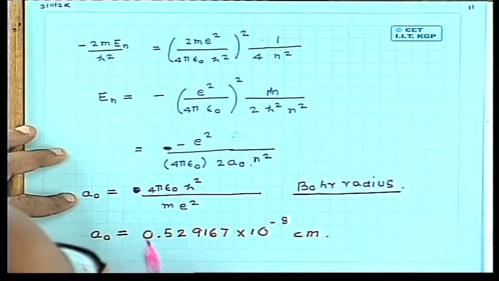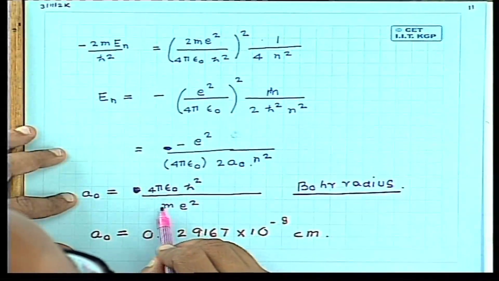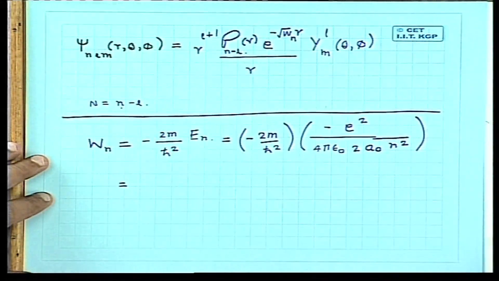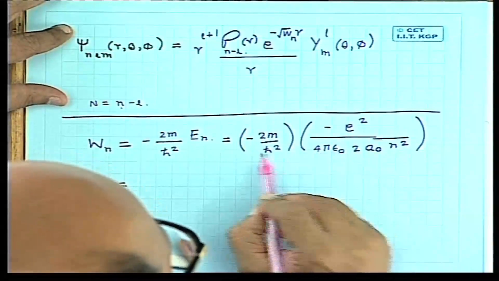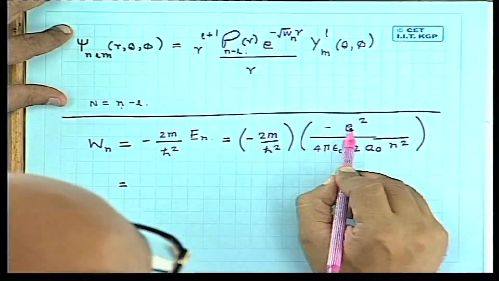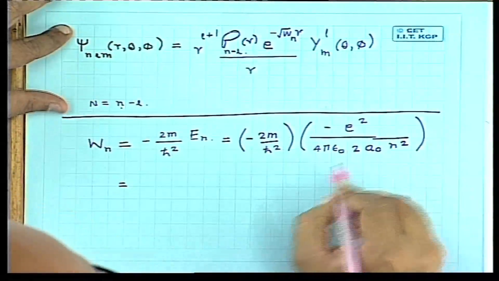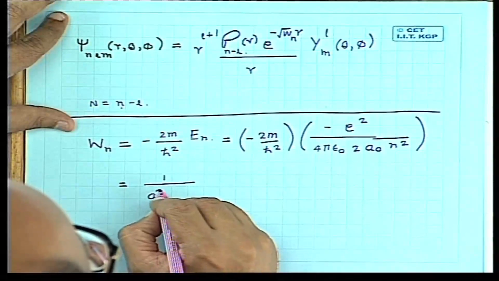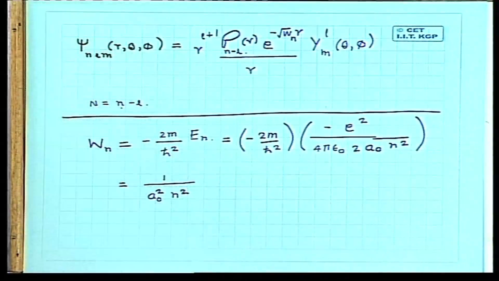So the Bohr radius is 4 pi epsilon naught h cross squared by m e squared. Yeah, so we can see here, 4 pi epsilon naught h cross squared, m e squared. The 2 will cancel out, top and bottom. So this is equal to 1 by a naught squared into n squared.